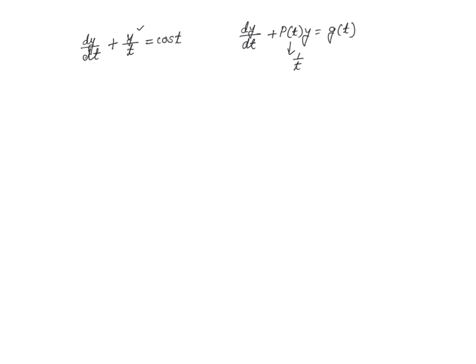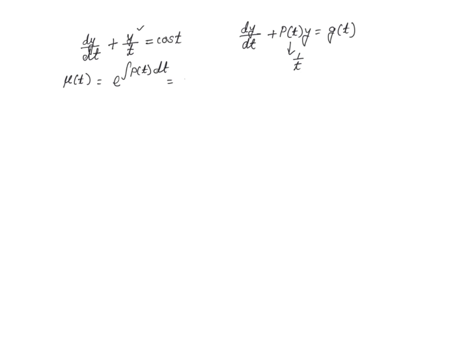As you know, to solve a first order linear differential equation, we have to multiply both sides of this equation by the integrating factor. The integrating factor is defined as mu of t, that's a function of t, equal to e to the power integral p of t, that's the coefficient of y, dt.